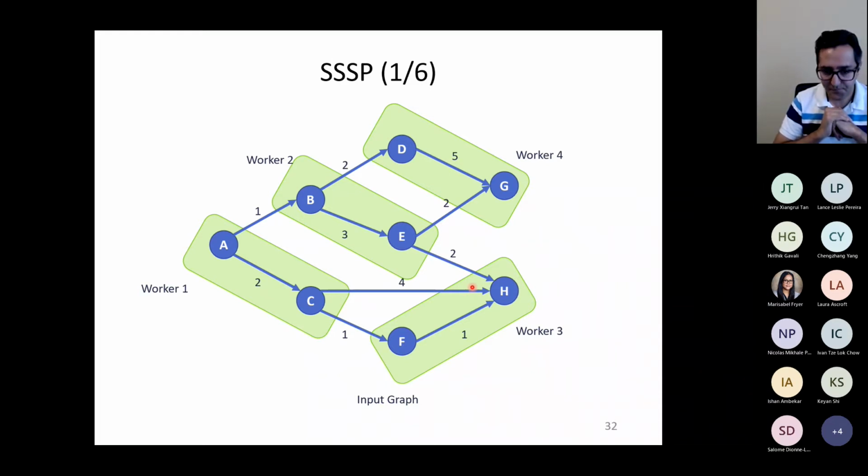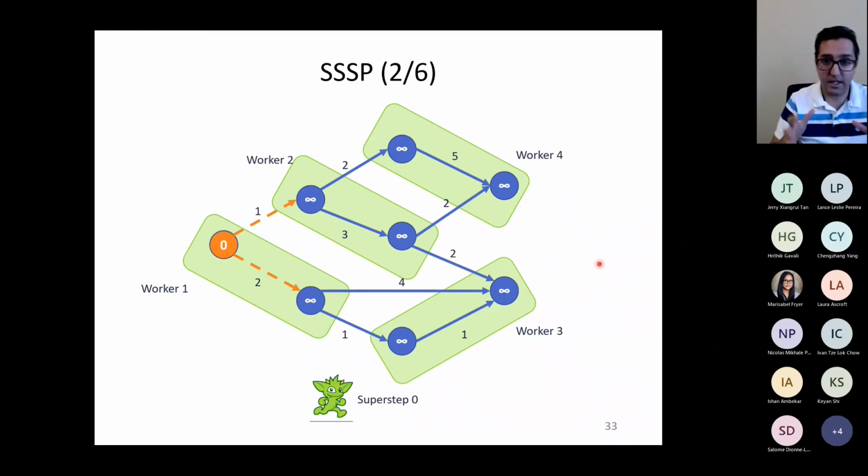How does it work? At the beginning, we initialize the graph like this. If you remember, the score of the source node is 0 because there's no cost; we are already there. And the cost of reaching other nodes is infinity for now because we haven't seen them yet. So we are in superstep 0.